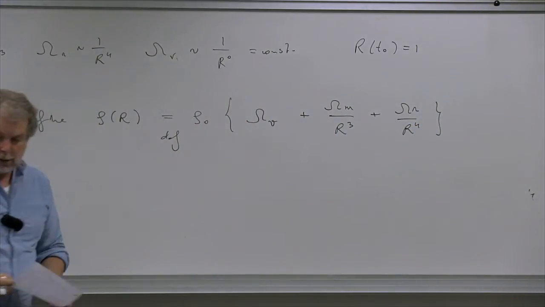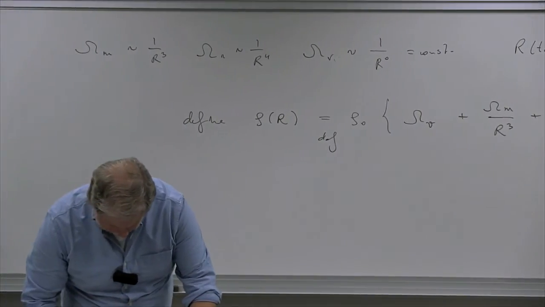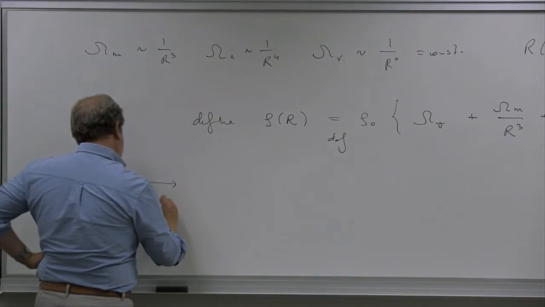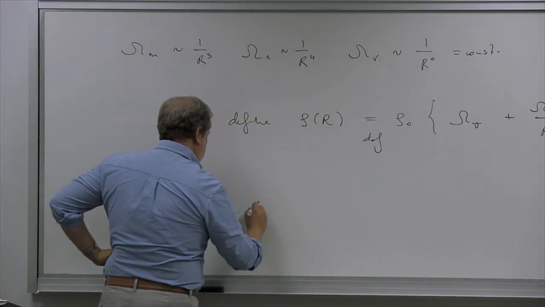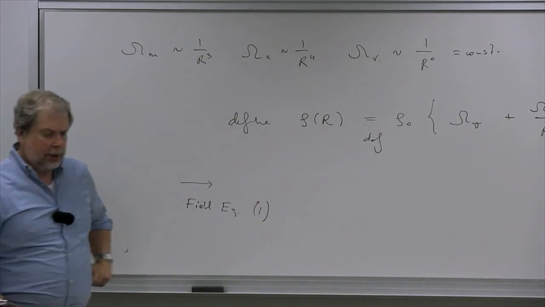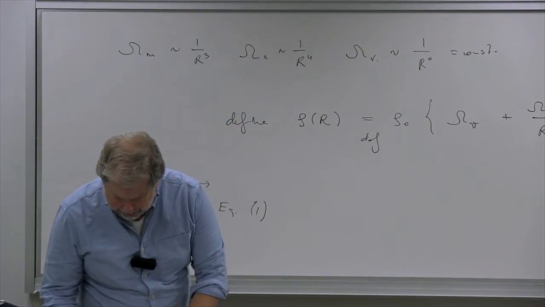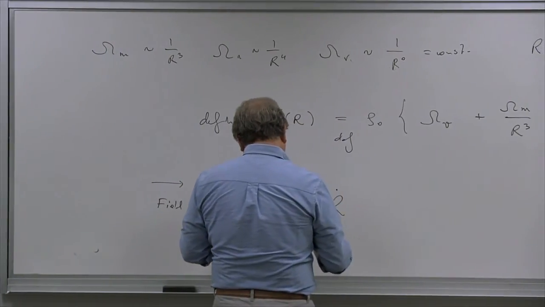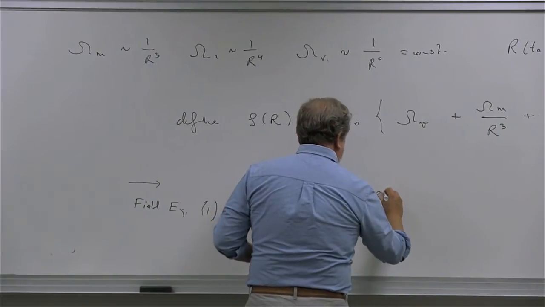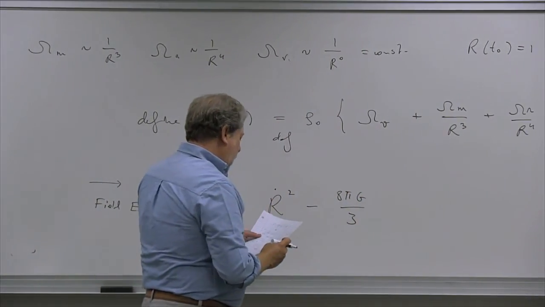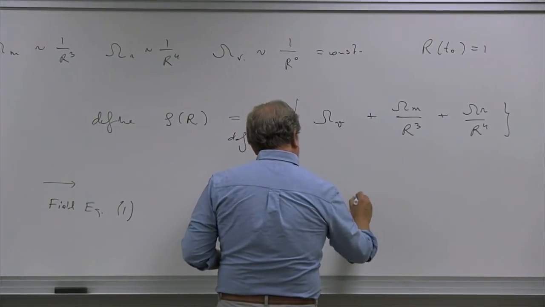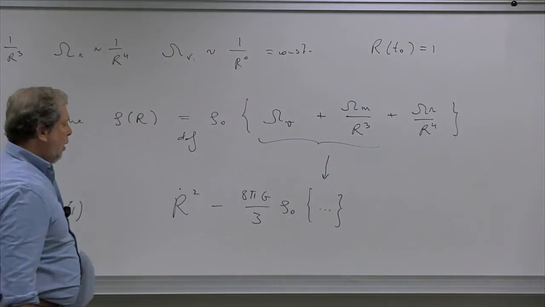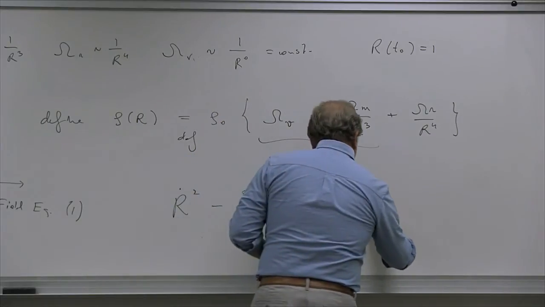And so if you define it in this way, then you can get from the field equation, in particular field equation number 1, which is the one that involves just the density, that r dot squared minus 8 pi g over 3 times rho, where the rho here is rho naught times this part that goes in there, is equal to 0.